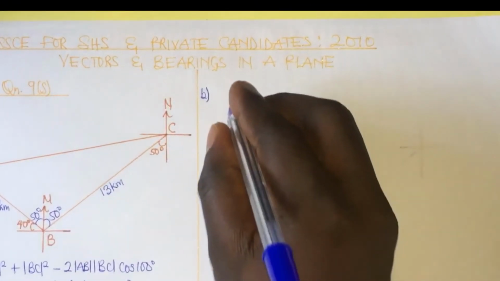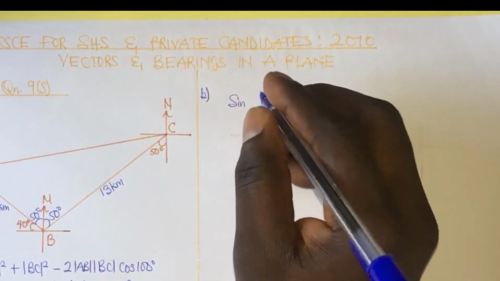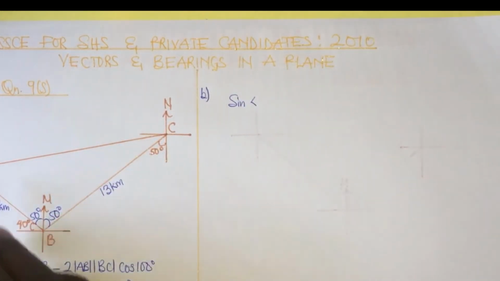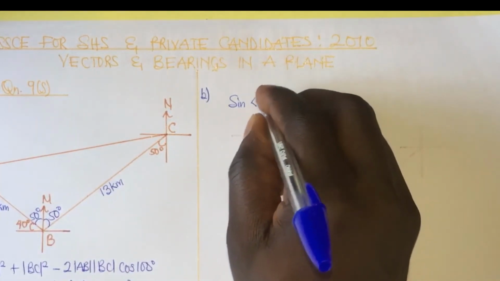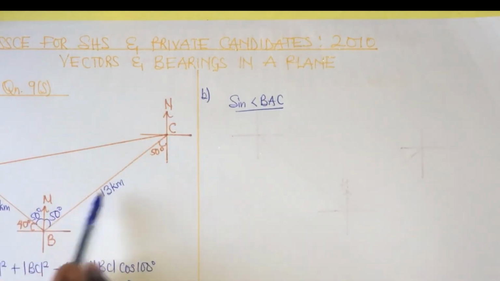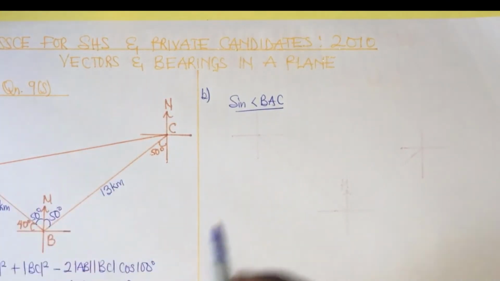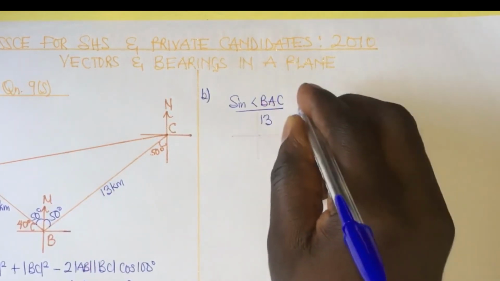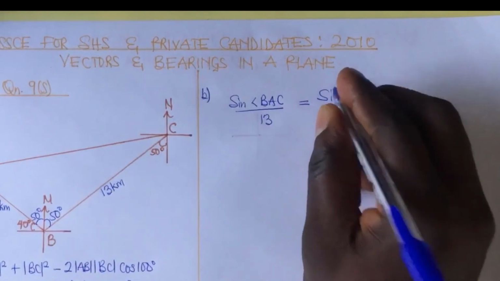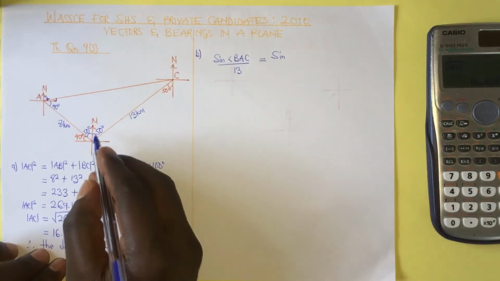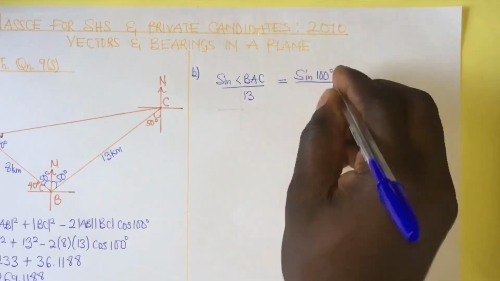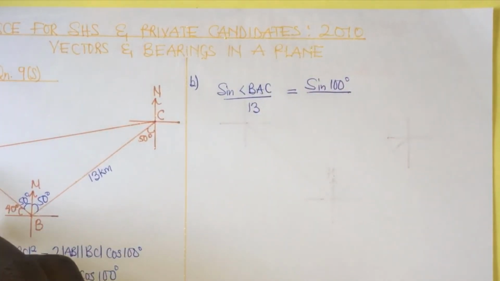So we can say that sine of angle BAC, we want to find this angle, divided by the opposite side, which is 13, will be equal to the sine of this angle, 50 plus 50, that one is 100 degrees, divided by the side AC.